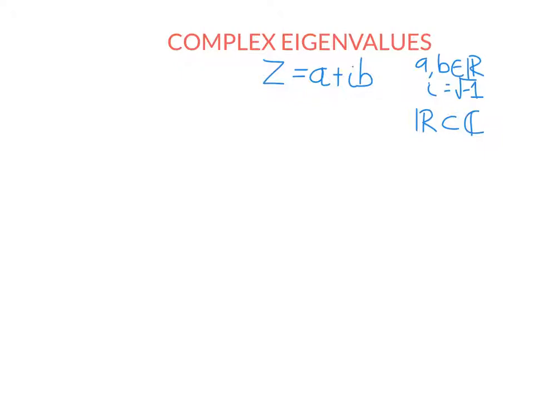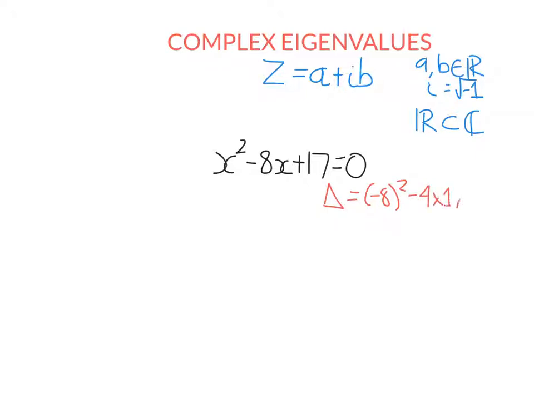These are very useful because they allow us to solve equations we previously couldn't. Let's say we have the quadratic x squared minus 8x plus 17 equals 0. If you calculate the discriminant, b squared minus 4ac, you get a negative number, negative 4.